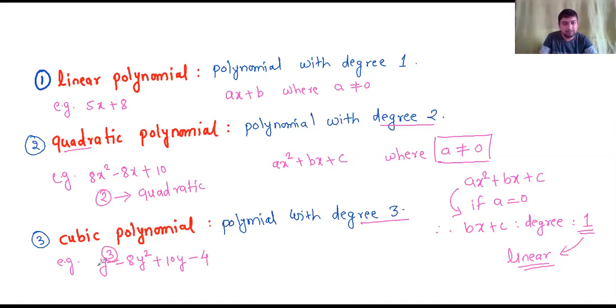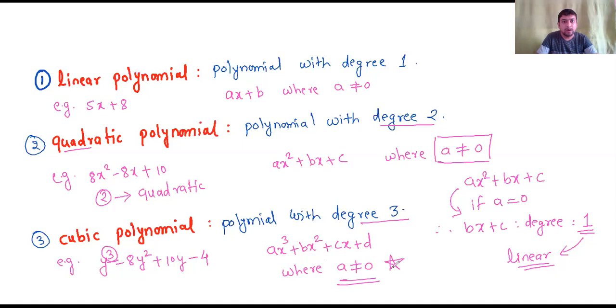Instead of x, I have taken the given polynomial in the y variable. Okay, so variables can be anything: x, y, p, q, a, b, anything. So what will be the general expression? The general expression will be ax cube plus bx square plus cx plus d, where a should not be equal to 0. This condition is important, right?